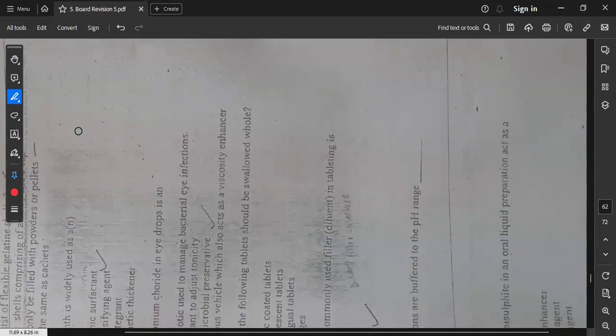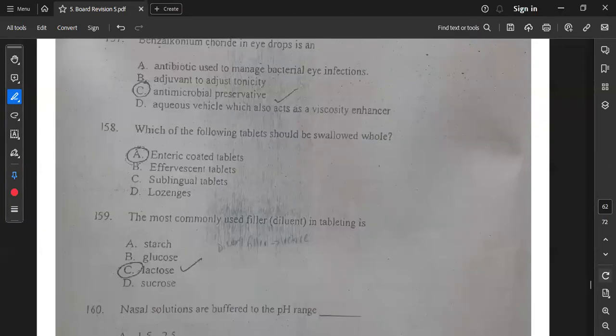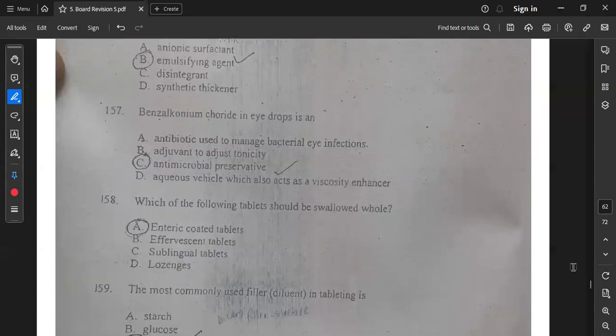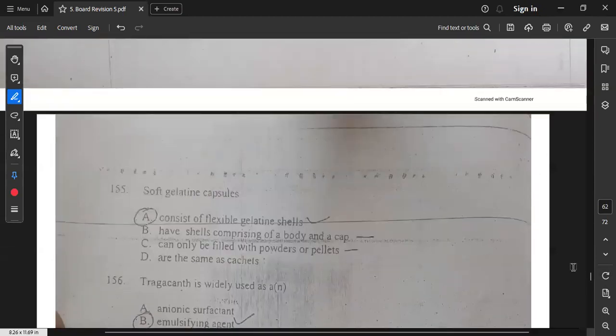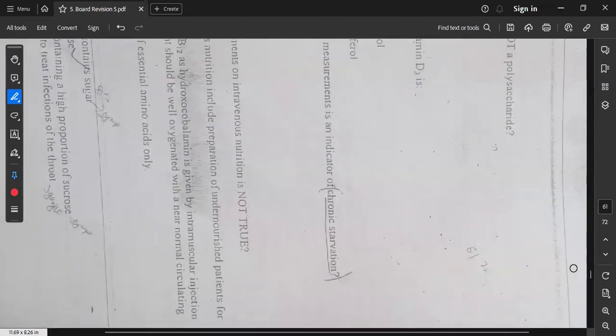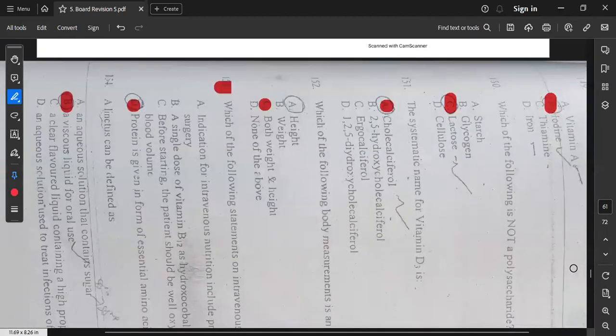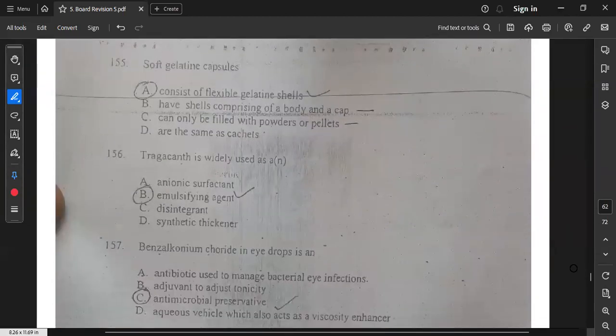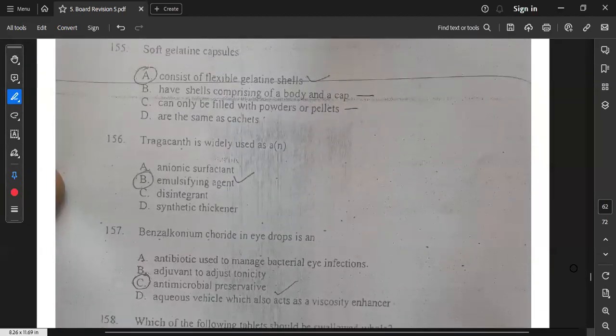Okay. Soft gelatin capsules consist of flexible gelatin shells, have shells comprising of a body and a cap, can only be filled with powders or pellets, and are the same as sachet.